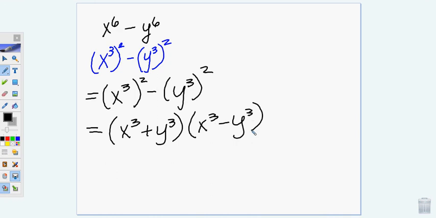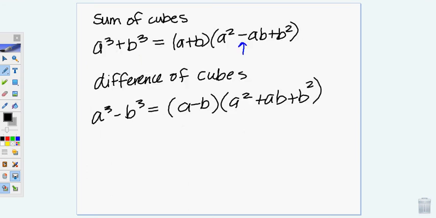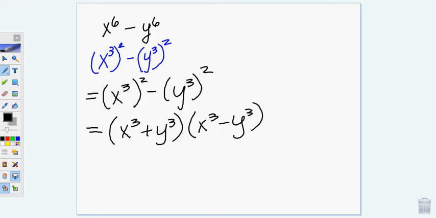Okay? Now, of course, you can recognize these now as a combination of cubes, and we looked at that up here. Remember, we saw the sum of cubes and the difference of cubes. So I'm going to go ahead and put that in now for that term. So this first term becomes x plus y times x squared minus xy plus y squared.